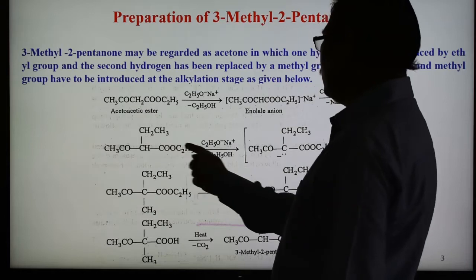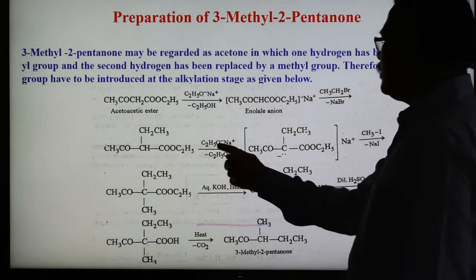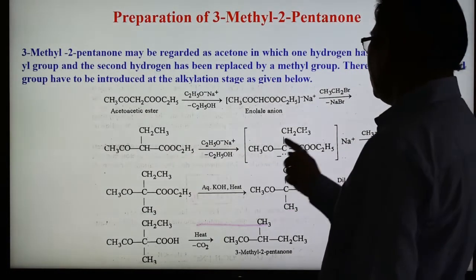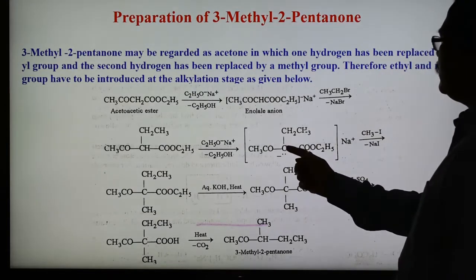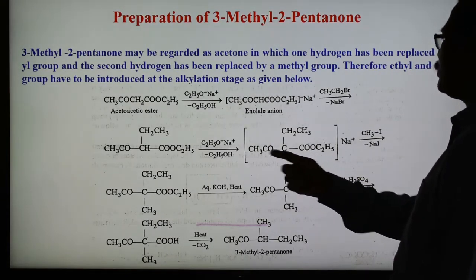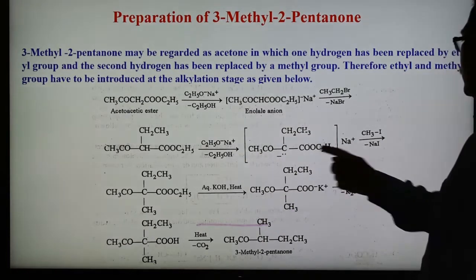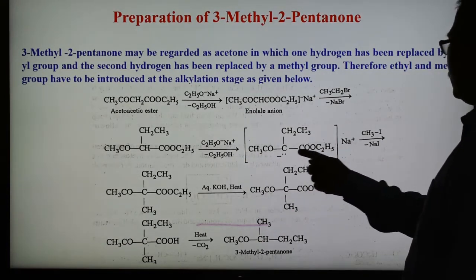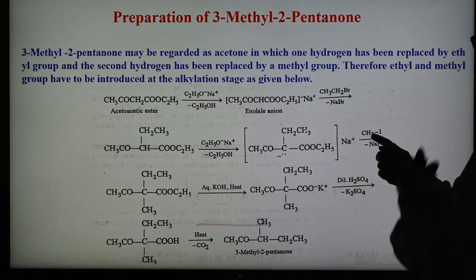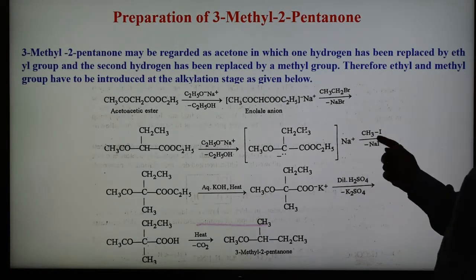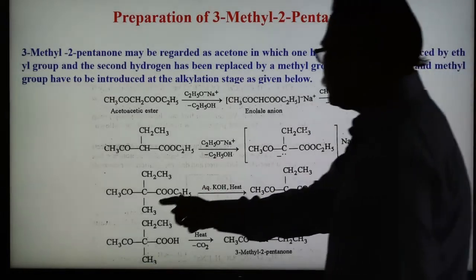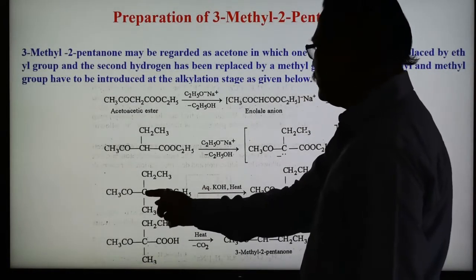After this another ethoxide ion reacts with this compound, forming a negatively charged carbon, and the second hydrogen is abstracted by ethoxide, giving C2H5OH, and we get another enolate anion. This enolate anion reacts with methyl iodide, NaI is lost, and the methyl group is attached on the same carbon again.